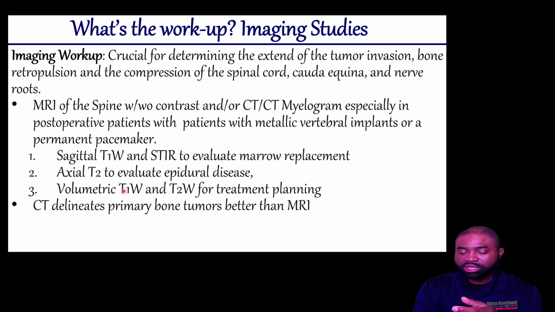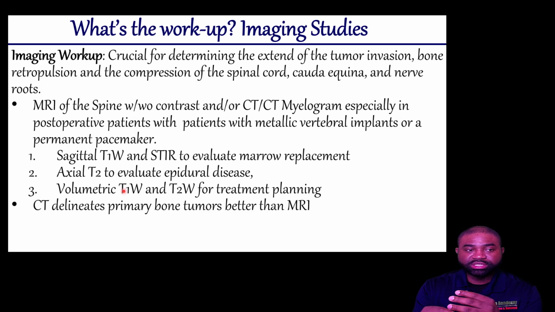Now, typically we have sagittal T1 weighted as well as STIR. STIR is simply fat suppressed T2 weighted images. Axial T2 images are used to evaluate epidural disease as well as to contour the spinal cord.